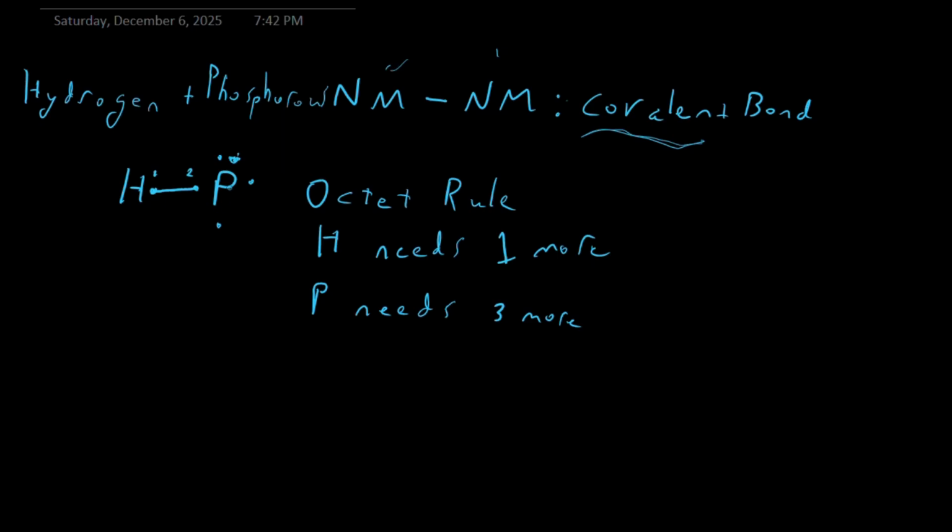So phosphorus is not happy. This is not a full compound. And again, I'm limited in that I only have phosphorus and hydrogen, and I can't use anything else to try and complete phosphorus's octet. So I have to add hydrogen atoms until phosphorus has its 8.